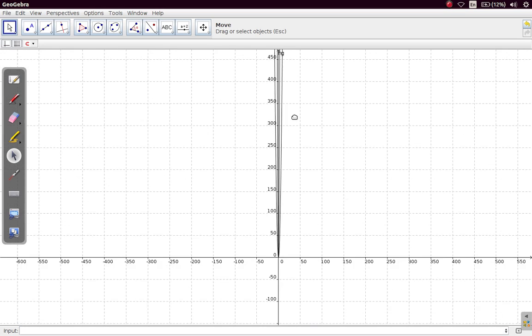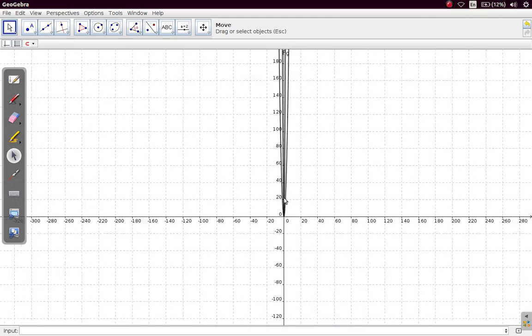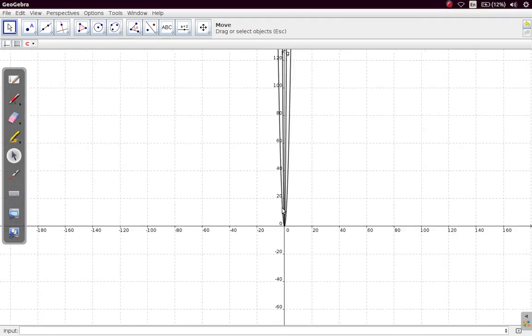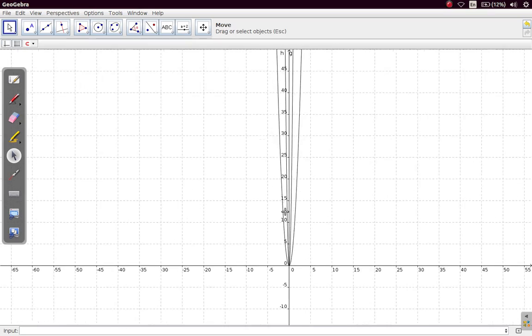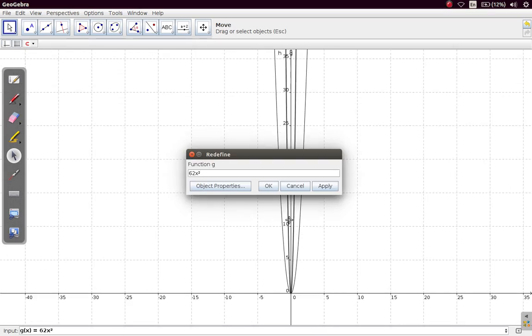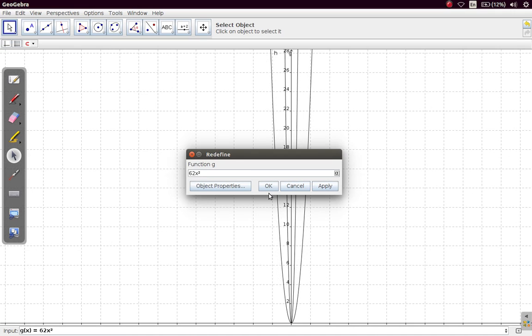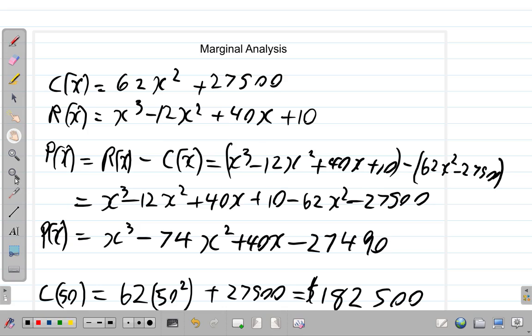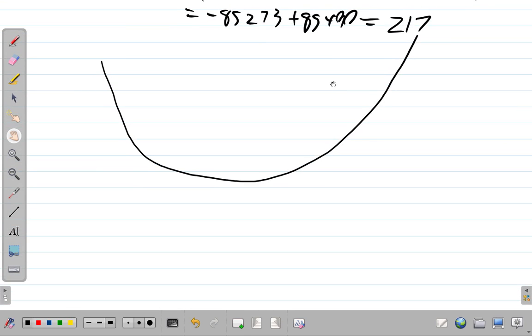I would have to redo the scale. I'm seeing both graphs here. The steeper one would be the 62x squared plus something or another. But anyway, the general idea here is that it would look something like this.